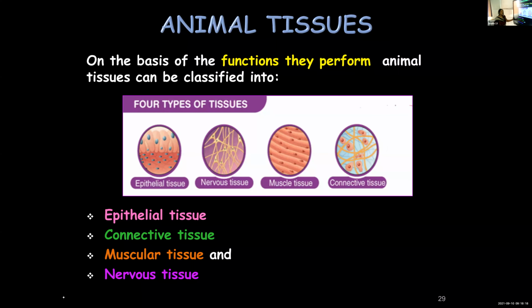And what is the criterion for classifying them? It is based on the functions they perform. So depending upon what functions they are performing, we can categorize them into 4 types: epithelial, connective, muscular, and nervous tissue.